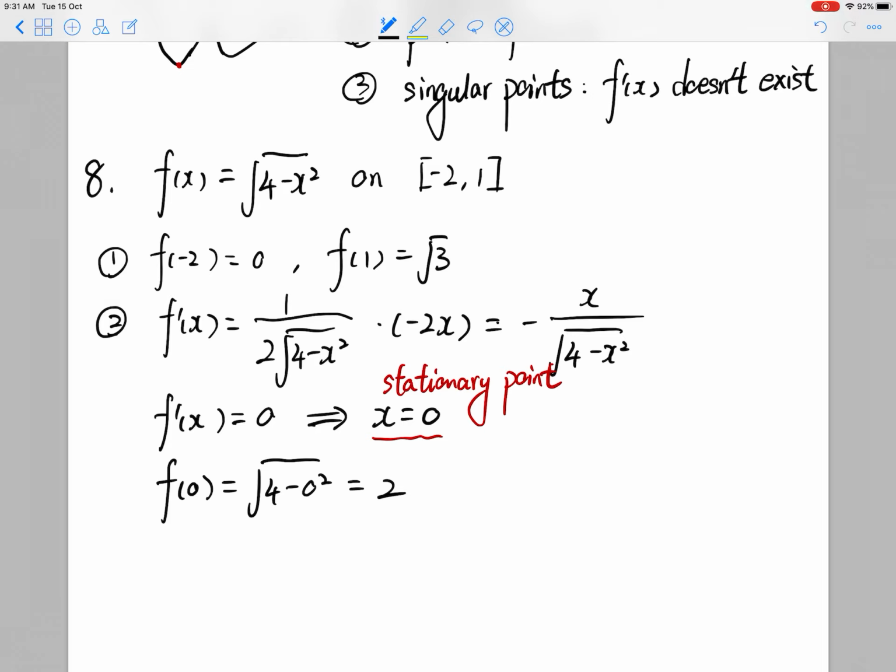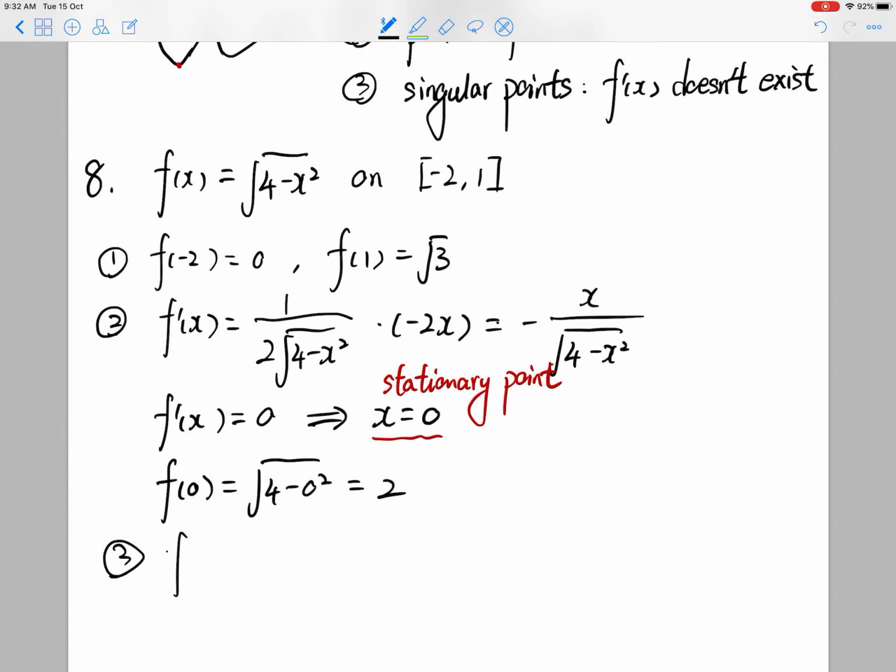Then is there any singular point? You can see this derivative does not exist when x is 2 or -2, right? But we have already considered -2 as your endpoint, so we don't have to double count it as a singular point again.